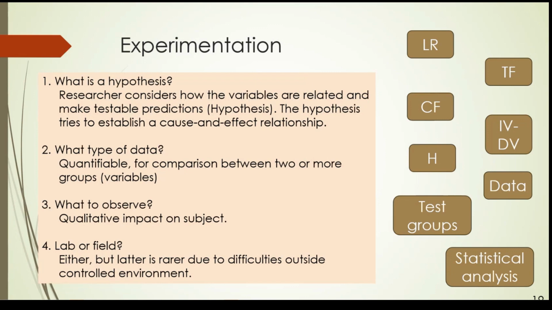You're trying to relate the data with what you are trying to observe. Because hypothesis is mainly qualitative, right? Data is quantitative. So you want to relate the quantity with the quality, right? Data to reject the null hypothesis to prove the hypothesis through statistical analysis.